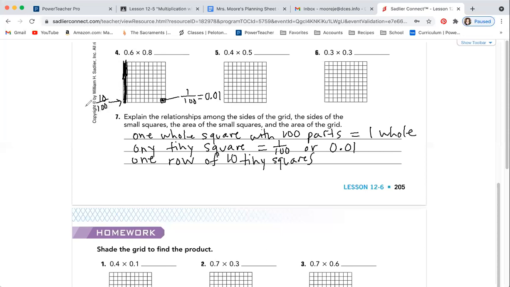So 10 out of 100 is the same as what decimal? 10 hundredths, right? A cleaner way to write that is just 1/10. 10 hundredths is the same as 1/10, right? If we just snip off that extra valueless 0 on the back, we can see that 10 tiny squares is equal to 1/10.